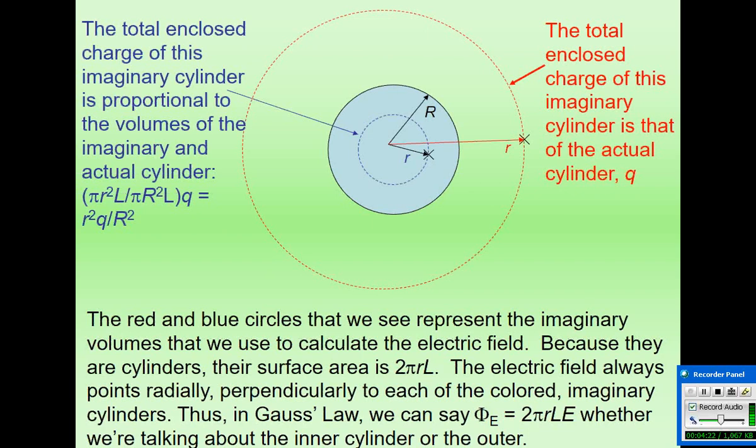Because of the uniform distribution of charge, the ratio of the cylinders' volumes is going to be equal to the ratio of the charges enclosed by the imaginary cylinder compared to the actual cylinder.